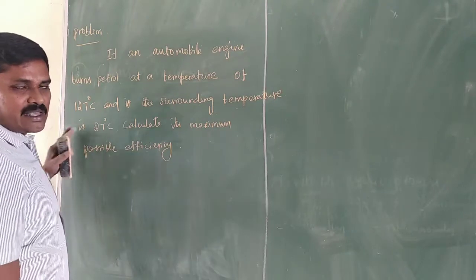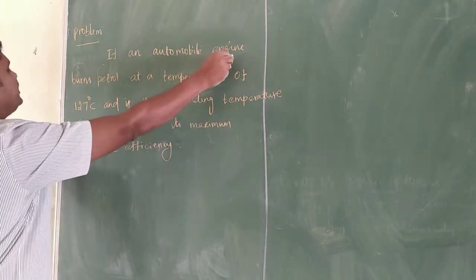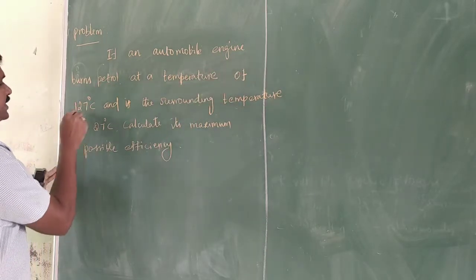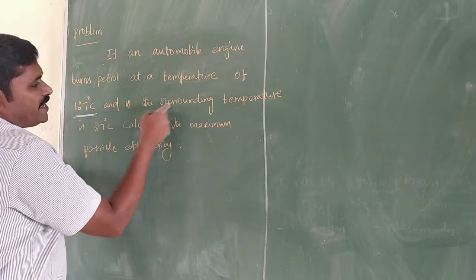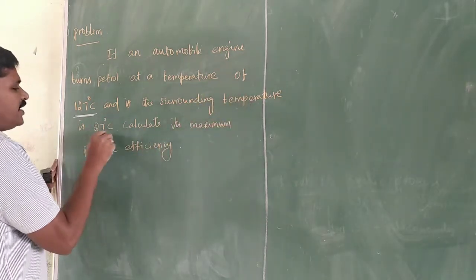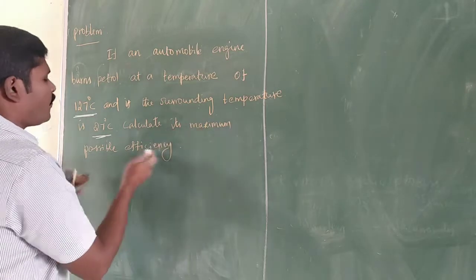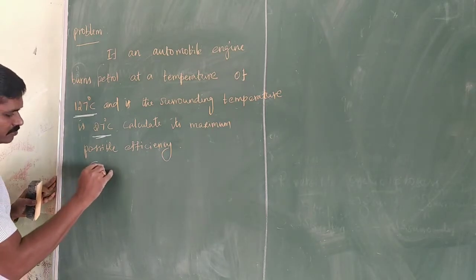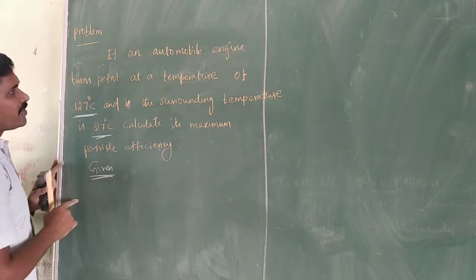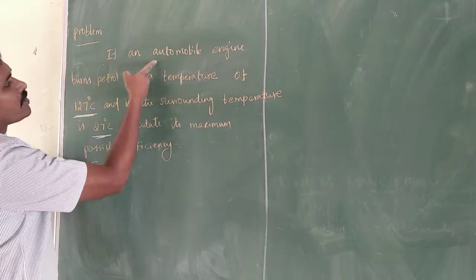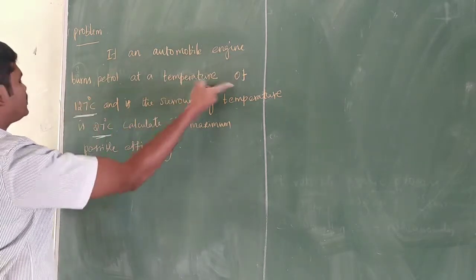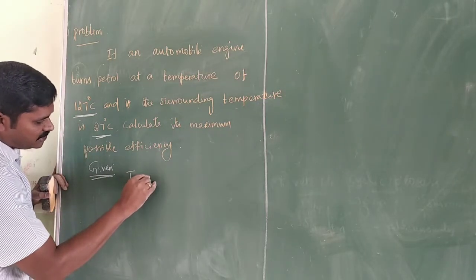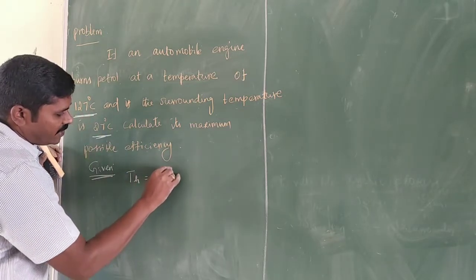Okay students, the example problem. If an automobile engine burns petrol at a temperature of 127 degrees Celsius, and if the surrounding temperature is 27 degrees Celsius, calculate its maximum possible efficiency. Given TH is equal to 127 degrees Celsius.